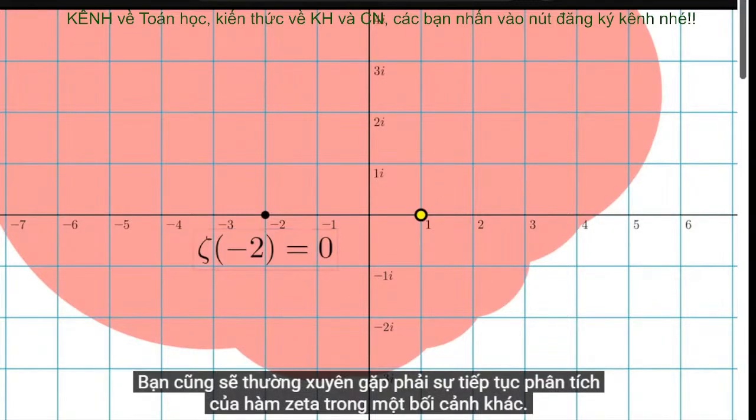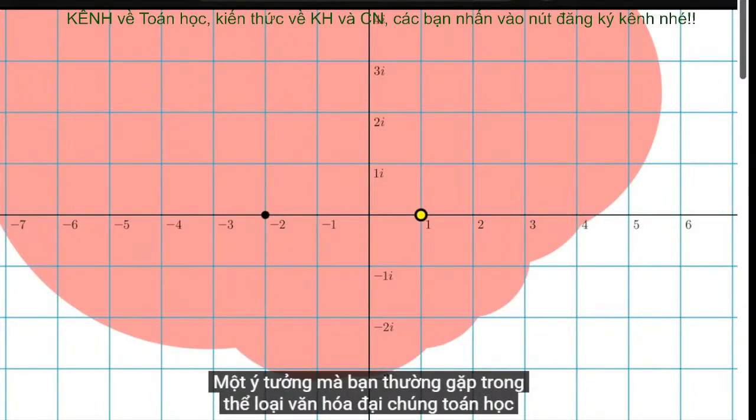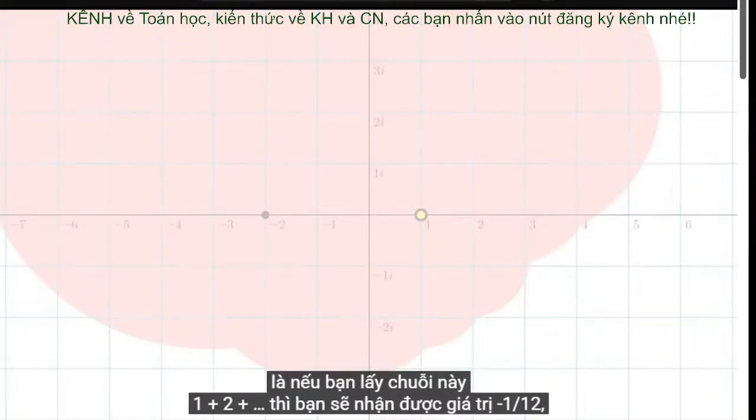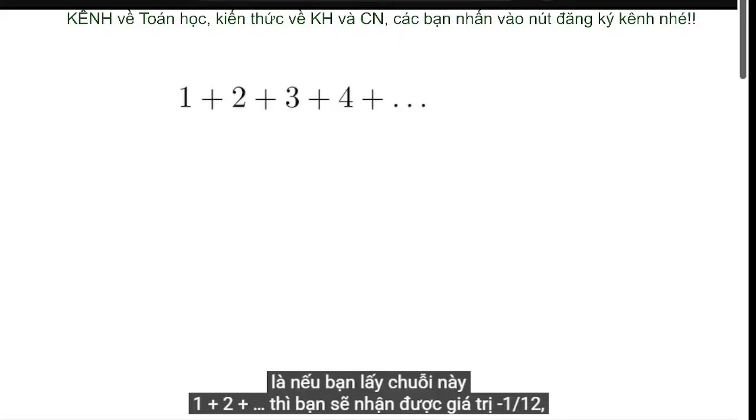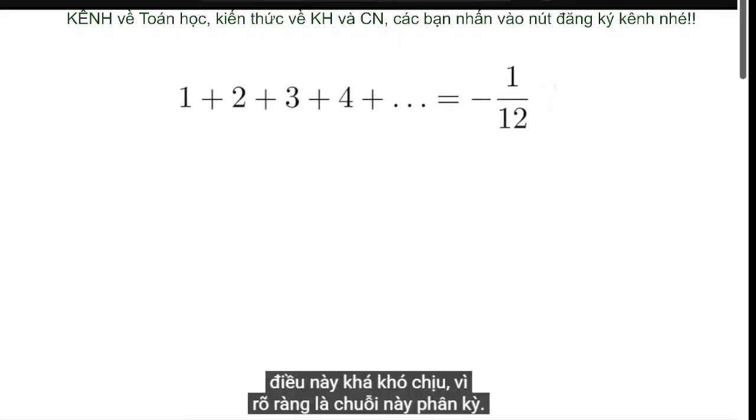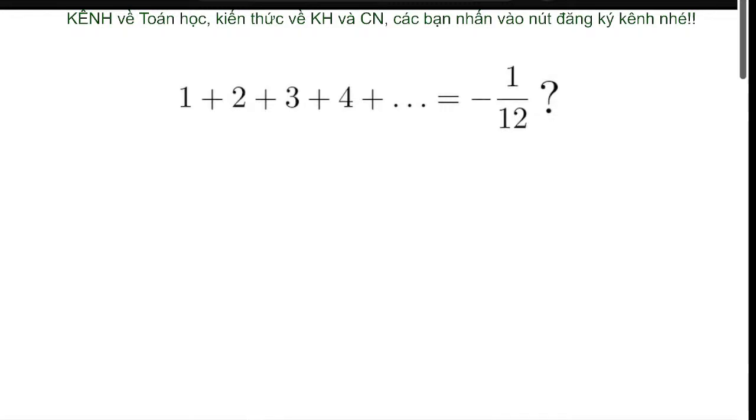You'll often encounter the analytic continuation of the zeta function in another context as well. One idea you'll encounter often in the math pop culture genre is this idea that if you take this series 1 plus 2 plus 3 plus 4 and so on, then you get the value minus a 12th, which is pretty upsetting because pretty clearly the series diverges.